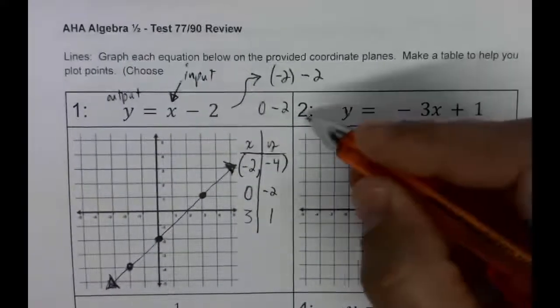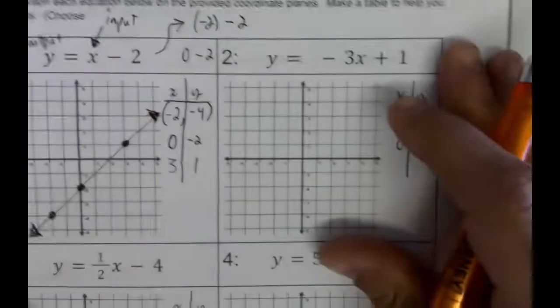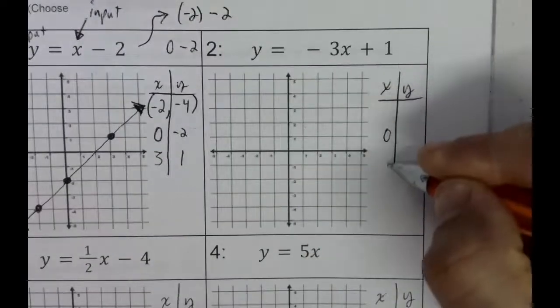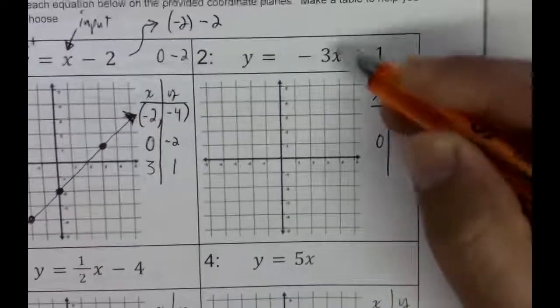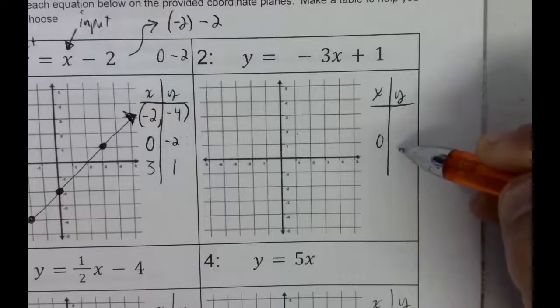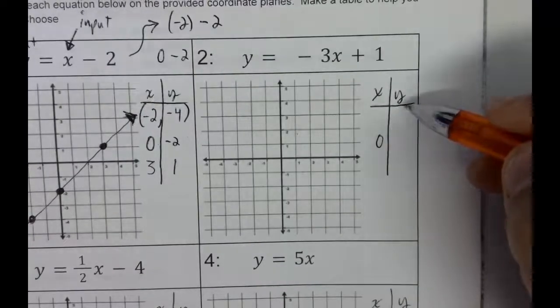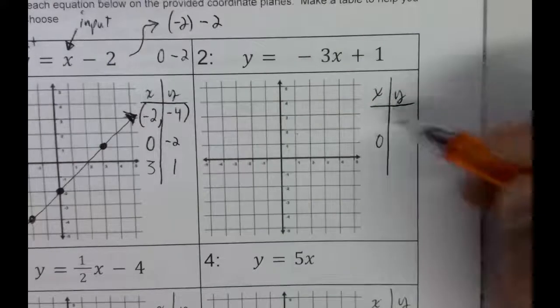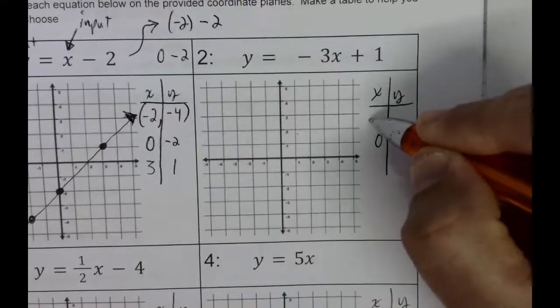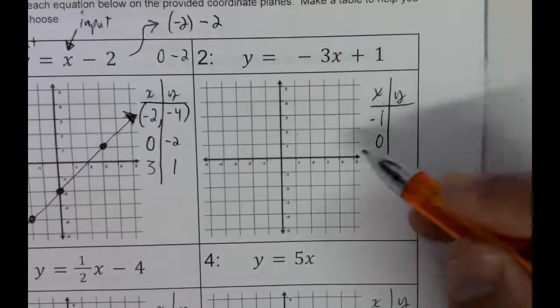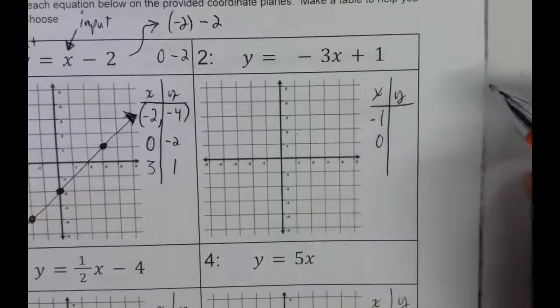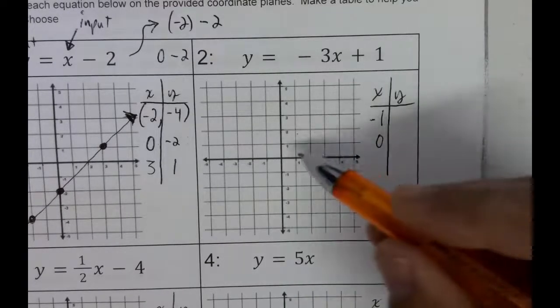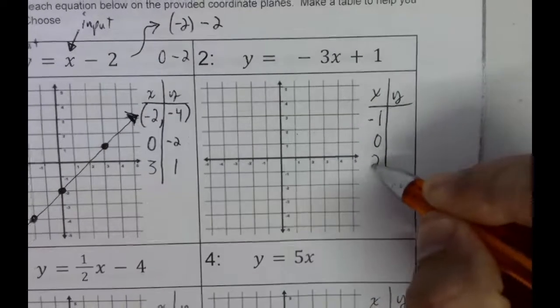Okay, so number 2, let's do the same thing. Let's choose 3 x values, one of them 0, plug them in, and see what the corresponding or matching y values are. So let's plug in -1, and let's go on to let's do 2. Okay.